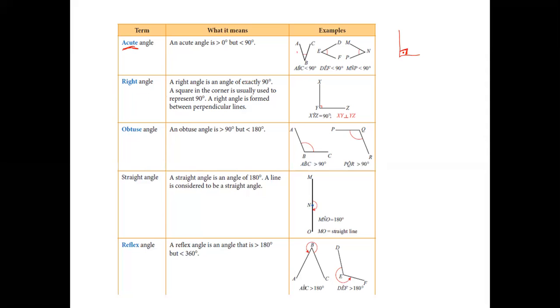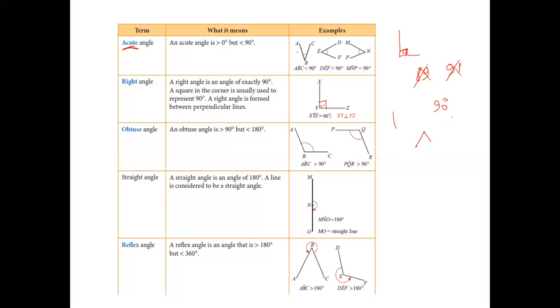A right angle is an angle of exactly 90 degrees. It's not 91 and not 89, but exactly 90 degrees. In the example, as you see, XYZ is a right angle. If you remember, last year we already learned the right triangle.